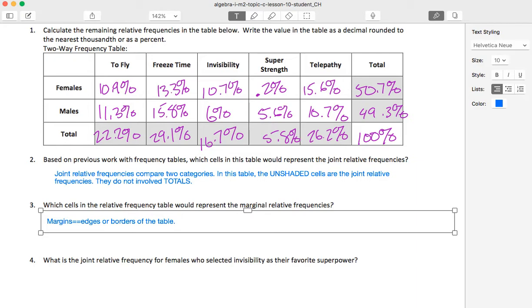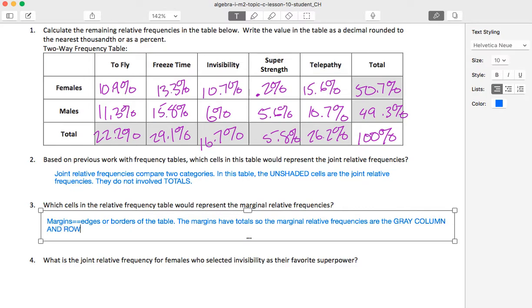So the margins have totals. So the marginal relative frequencies are the gray column and row.